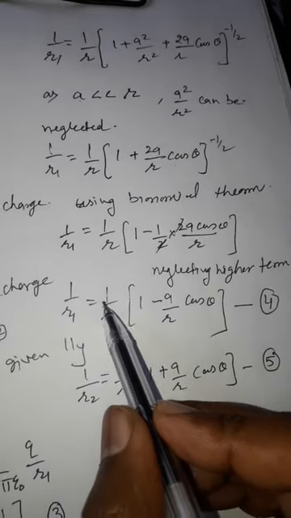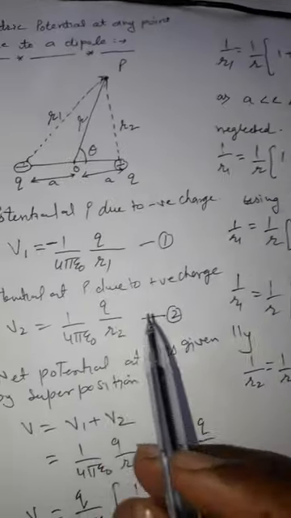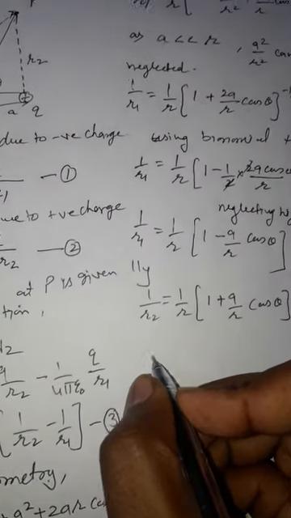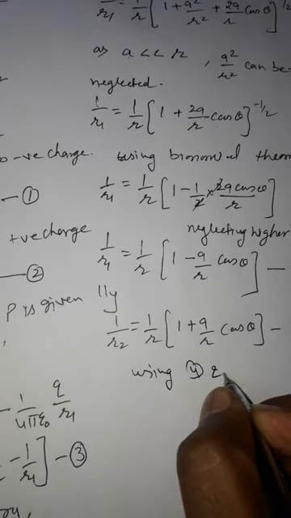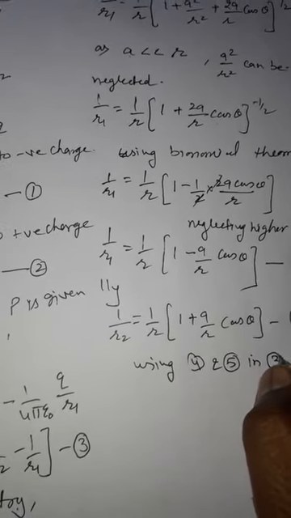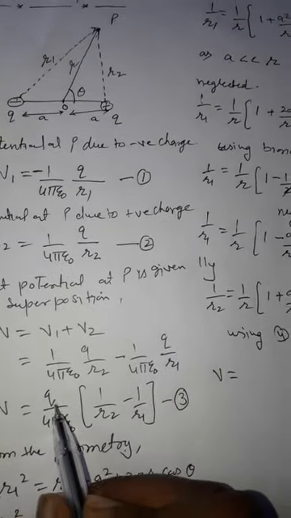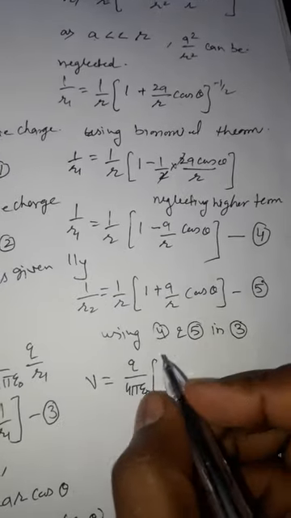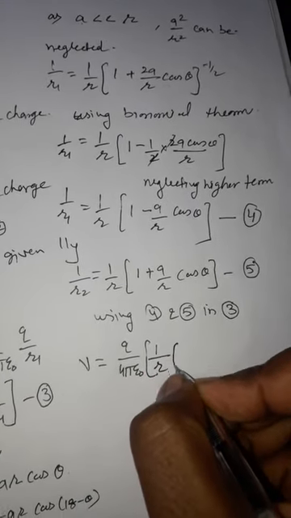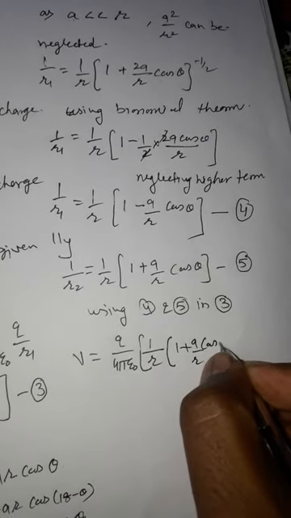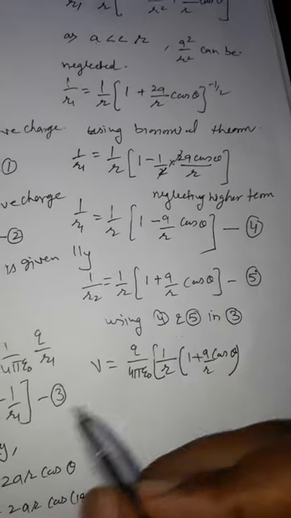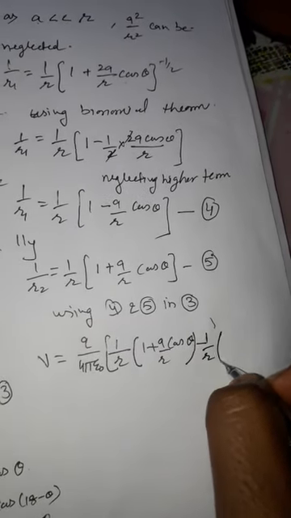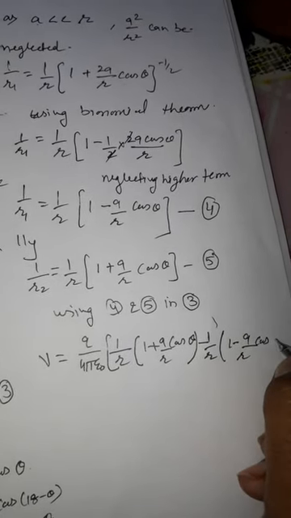Now putting the values of 1 by r1 and 1 by r2, equations 4 and 5, in equation 3, we get V equal to q upon 4 pi epsilon naught into 1 by r2, that is 1 by r into 1 plus a by r cos theta, minus 1 by r1, that is 1 upon r into 1 minus a by r cos theta.